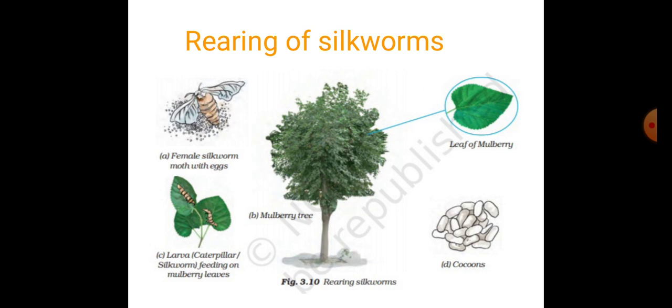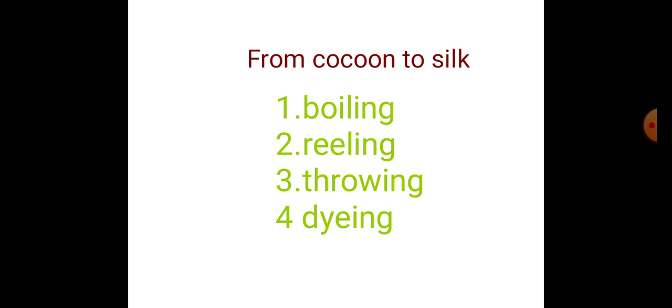Now, our next step is from cocoon to silk. After getting the cocoon, what is to be done? So students, for obtaining silk we have separate steps.